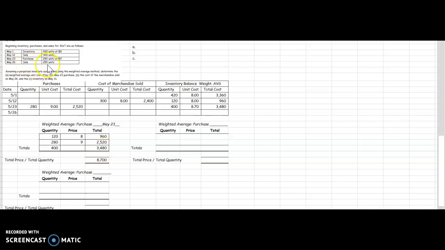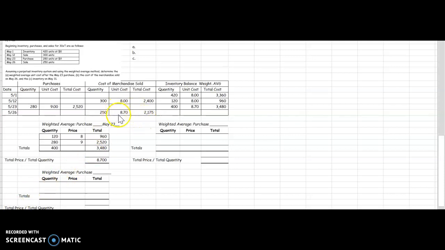And then on May 26th, we're going to sell 250 units at our weighted average price, which we calculated to be $8.70. So our total cost of goods sold, if we multiply across, would be $2,175.